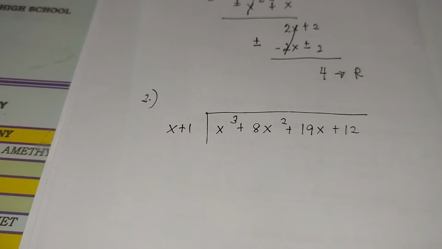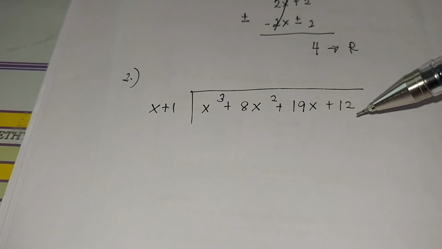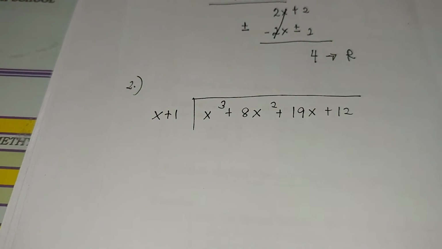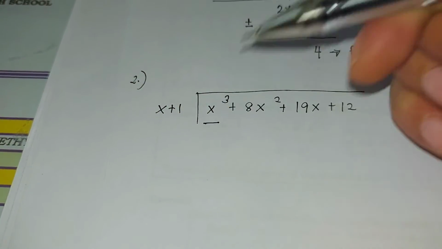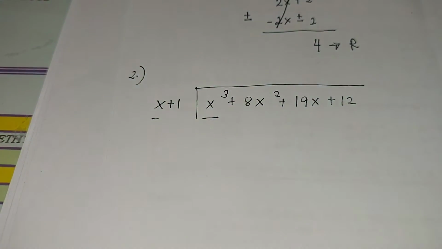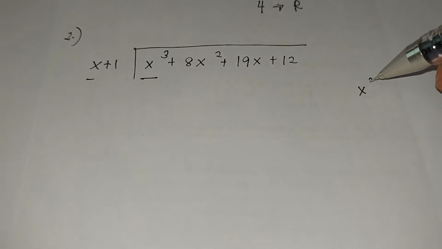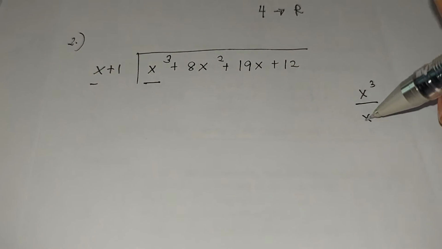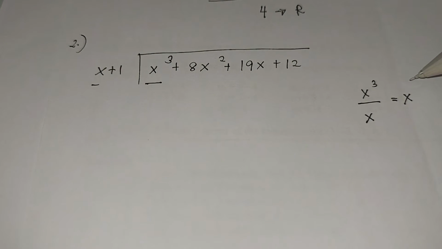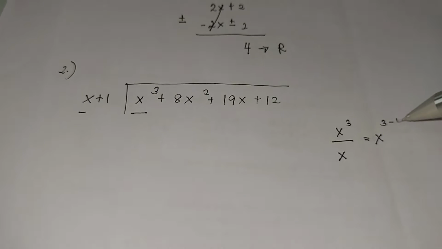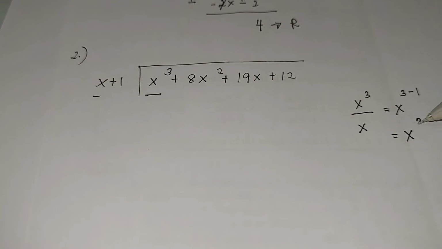Let's proceed to our second example. x cubed plus 8x squared plus 19x plus 12, divided by x plus 1. Focus on the first term, x cubed divided by x. Copy the same base, then subtract their exponents, 3 minus 1 equals 2, so x squared.